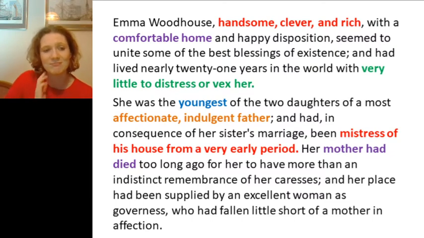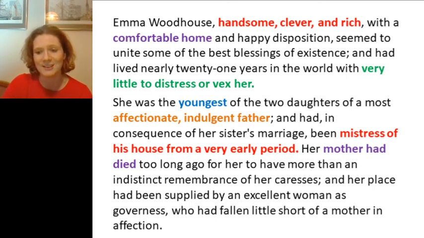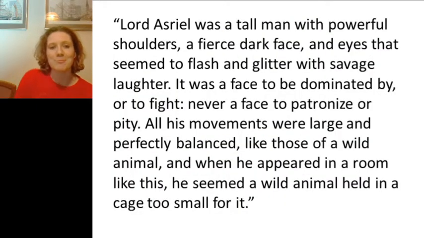Maybe she isn't spoilt. Maybe it's not the fact that everyone's just letting her do whatever she wants. Maybe actually when her mother died, she had to learn how to grow up really quickly and she has to take charge of stuff. I don't know. Two inferences there.